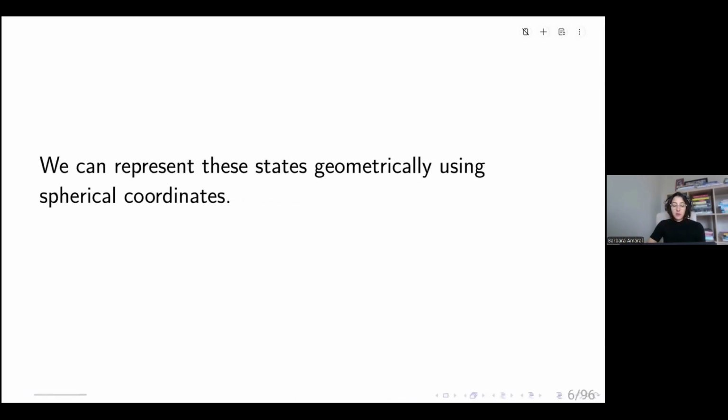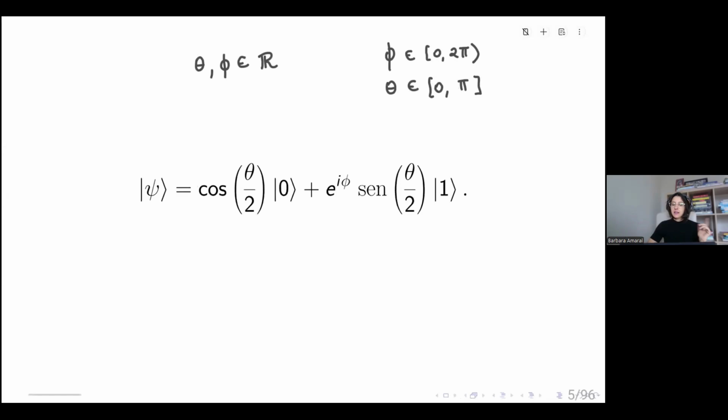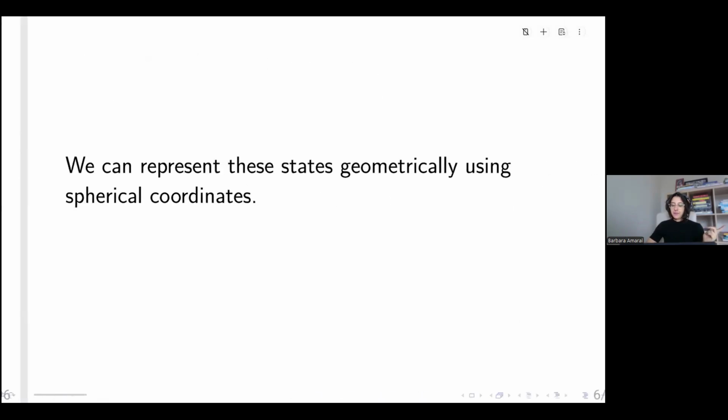Okay. So now we are going to interpret these two parameters, theta and phi, as coordinates in a spherical coordinate system. I forgot the name in English, and I also forgot the name in Portuguese, but we are going to use spherical coordinates to represent these things with the angle parameters of the coordinates as these theta and phi.